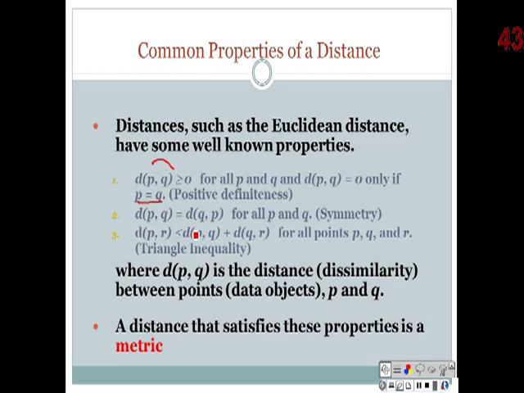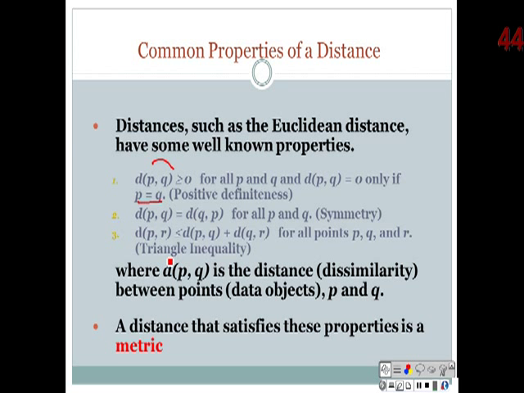The other concept is symmetry, as we saw in our data: the distance between P and Q is equal to the distance between Q and P, and that's why when we calculated the distance between a point and itself, it ended up with 0.